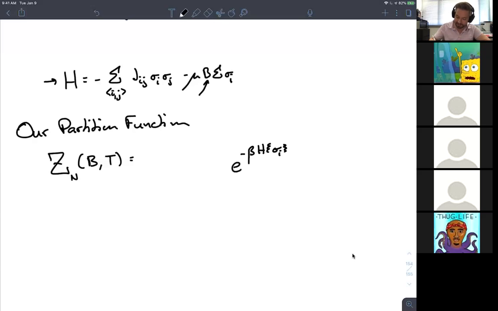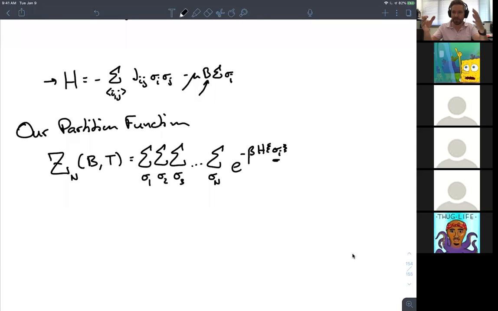So the way we do this is we just sum over all possible values of each of these spins: sigma 3, sigma 2, sigma 1. For each spin in this spin configuration, you have to sum over all of its possible values. So here, this would sum over sigma 1 is plus or minus 1. This one would sum over sigma 2 is plus or minus 1. And then you do this for every single damn spin in the lattice.